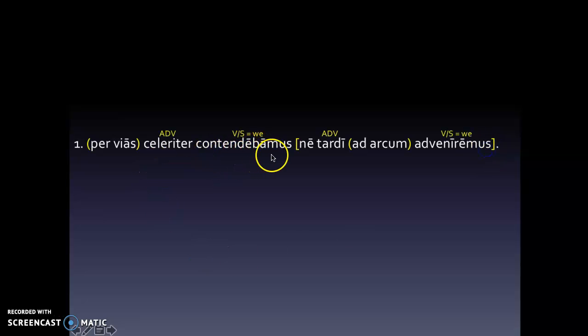Here's our main verb. We don't have a nominative in the main clause, but we can tell from the ending of our verb that the subject is we. Here's another adverb. And again, no nominative, but here's our verb, and we can tell from the ending that the subject, again, is we. So we were hurrying quickly through the streets so that we would not arrive at the arch late.